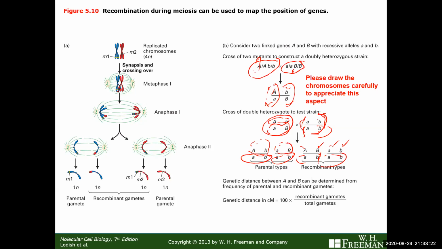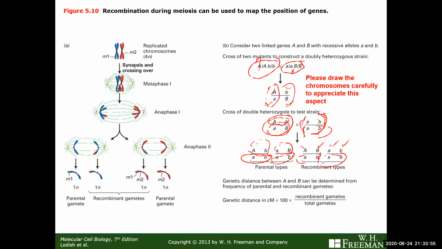metaphase 1 of meiosis 1, when there is crossing over of the chromosome, the father's chromosome and the mother's chromosome and genetic material is exchanged, if the two genes are very close to each other, then the chance of a crossing over happening in between these two loci is low, as this is pure probability, right?